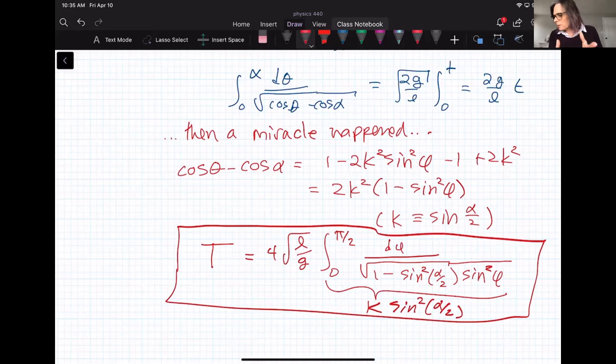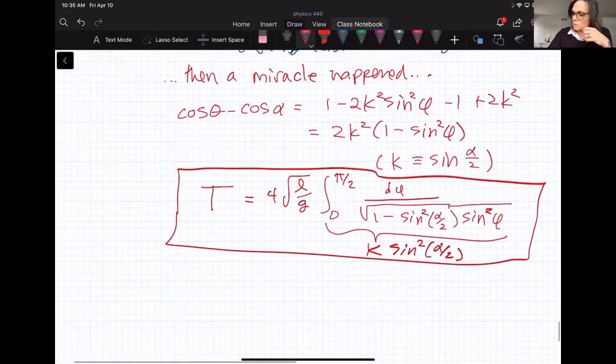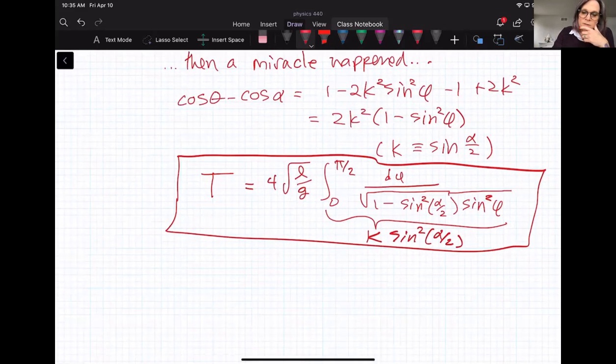But now we're in a position to solve this if we let x be equal to this expression, basically k squared and sine squared phi, and expand the integrand.